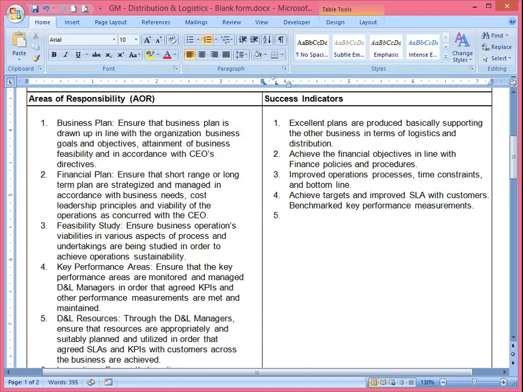That's it. What's next? Okay, for number 5, distribution and logistics resources. So for number 5, we can say achieve targets in terms of what? In terms of headcount, of course. What else?